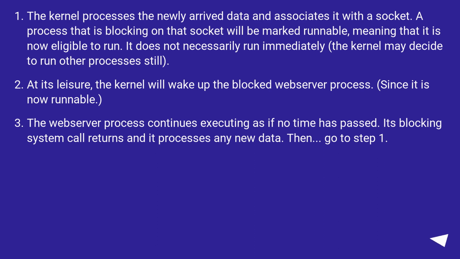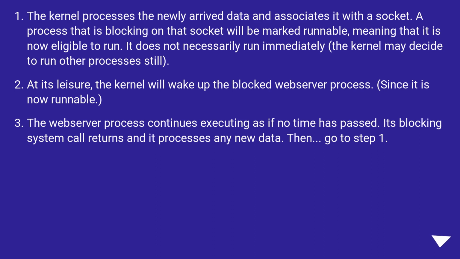The kernel processes the newly arrived data and associates it with a socket. A process that is blocking on that socket will be marked runnable, meaning that it is now eligible to run. It does not necessarily run immediately. The kernel may decide to run other processes still.